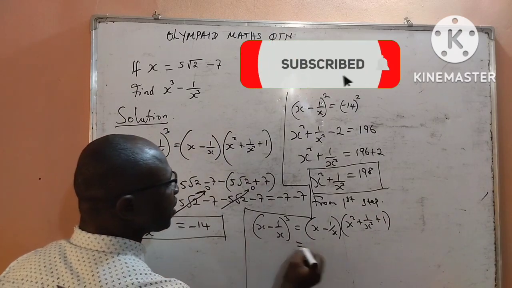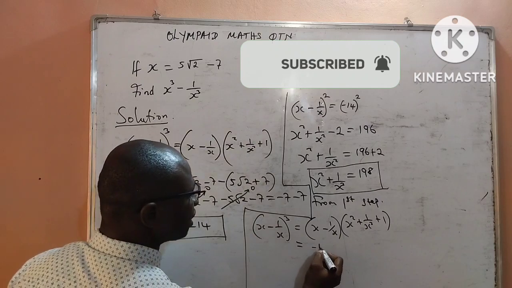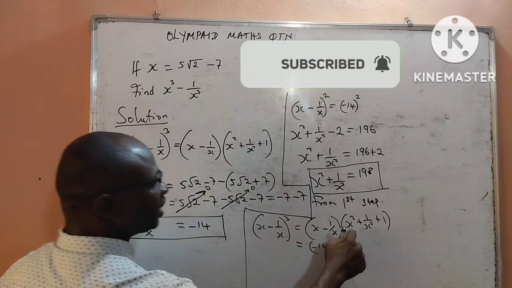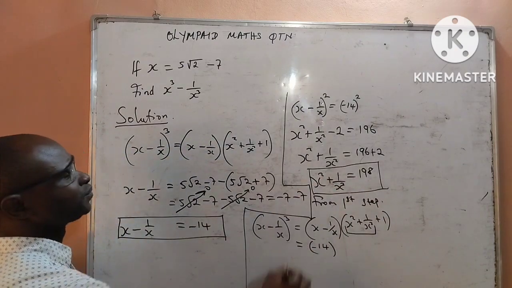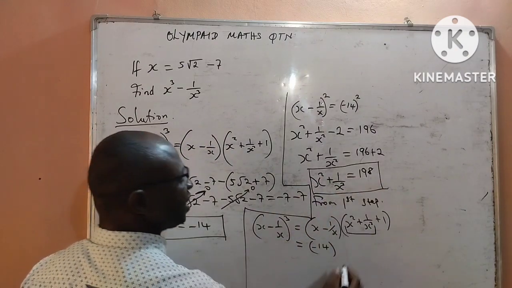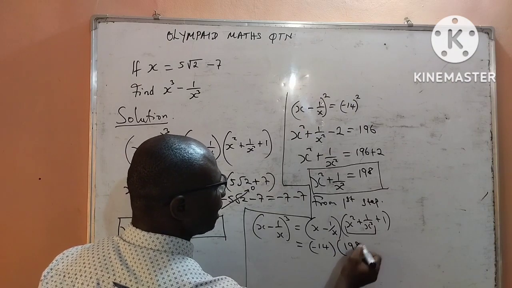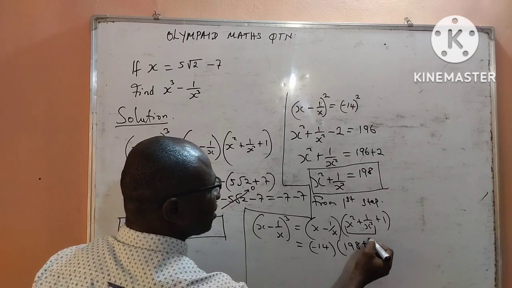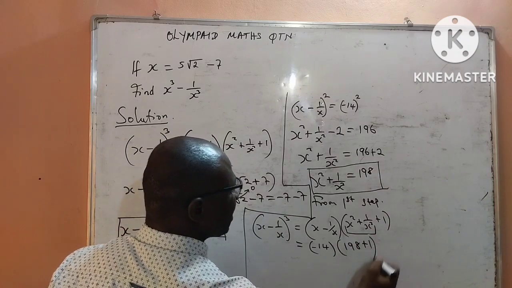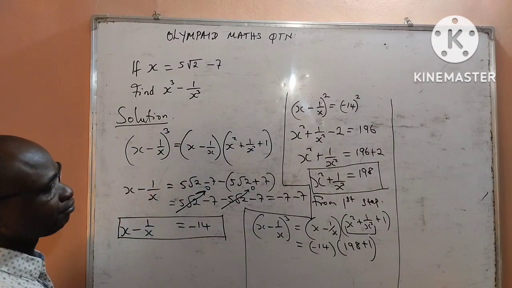Now, by substitution, the first bracket I got to be negative 14. The second bracket, from the point I have explained here, I got to be 198. But there is plus 1, I can now add 1. Oh, math is very wonderful. Math is life, my people.